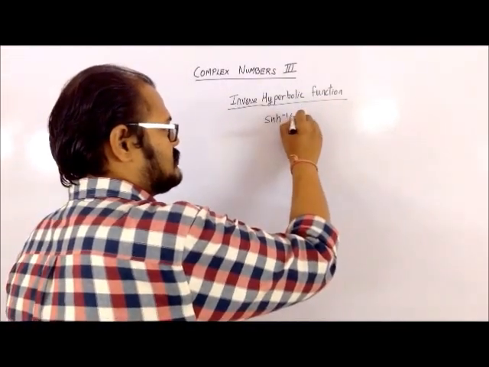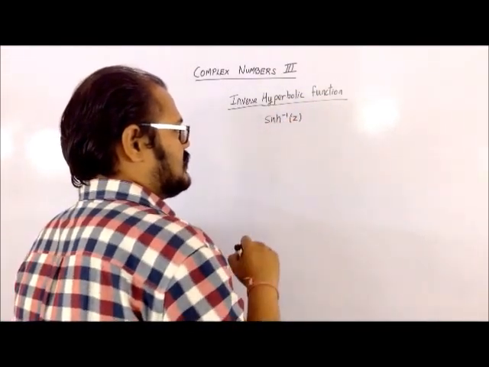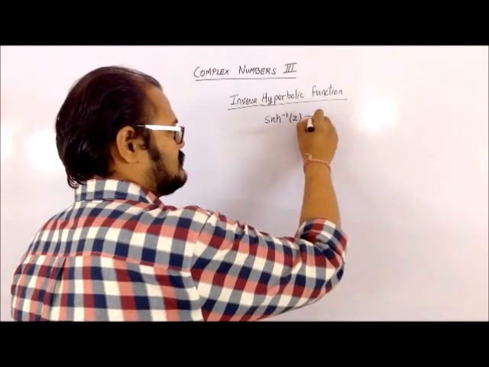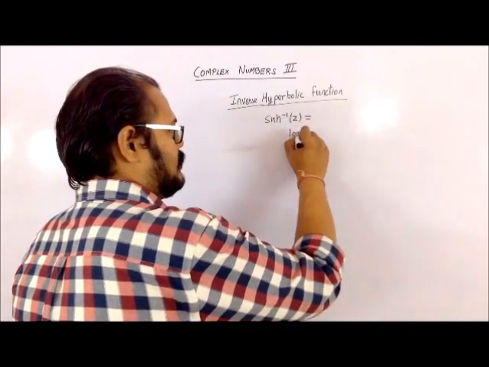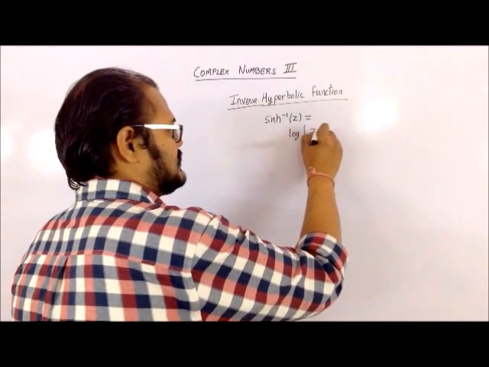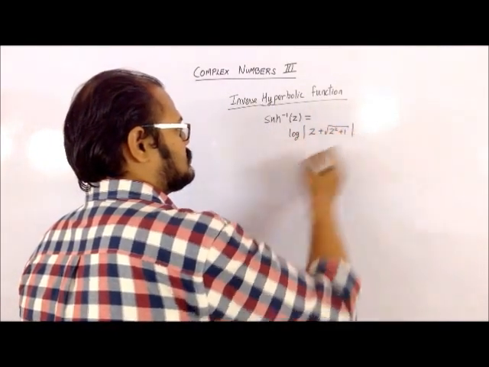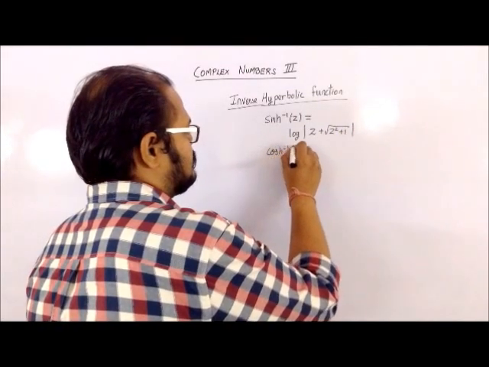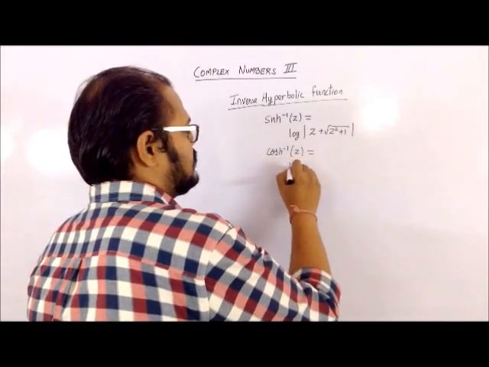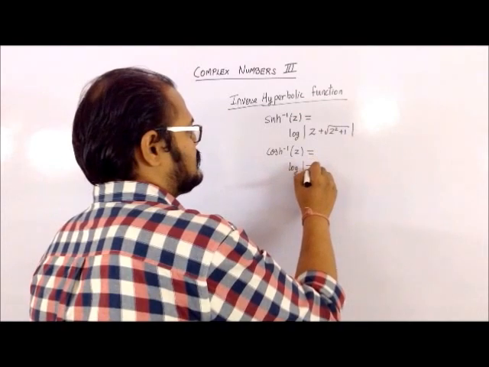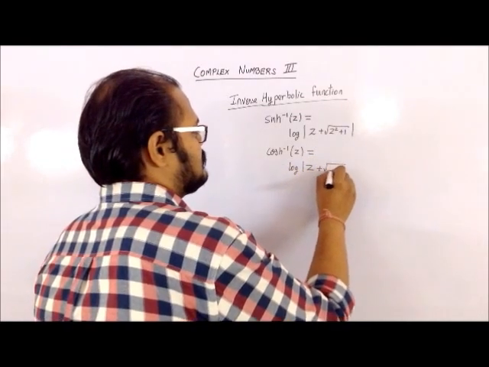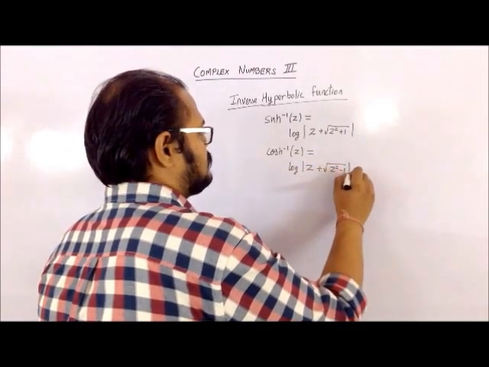So the inverse of sin h of z will give me an answer of log of z plus root of z square plus 1. For cos h inverse, the answer will be log of z plus root of z square minus 1.